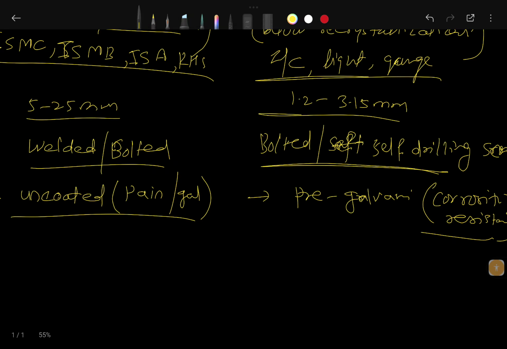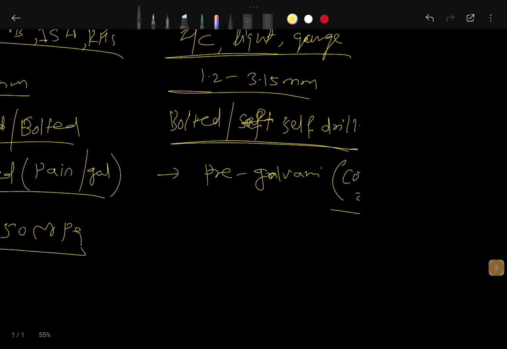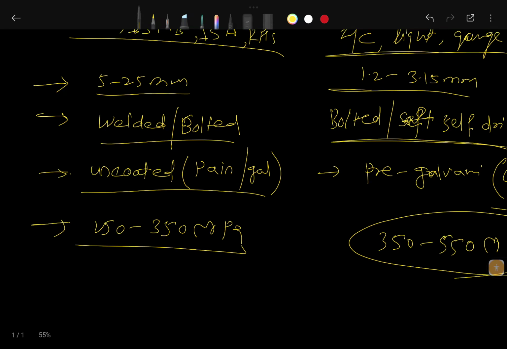The yield strength of hot roll sections varies from 250 to 350 megapascal, but cold form members have higher yield strength, 350 to 550 megapascal. Okay, the yield strength varies.